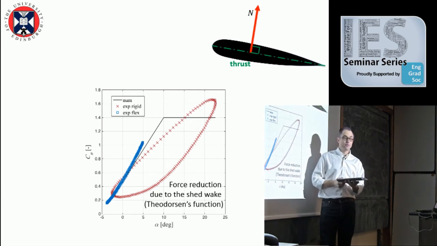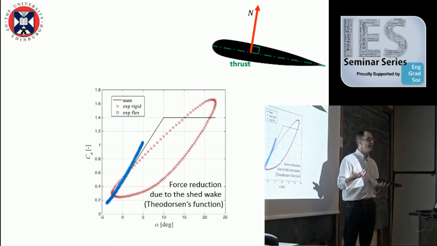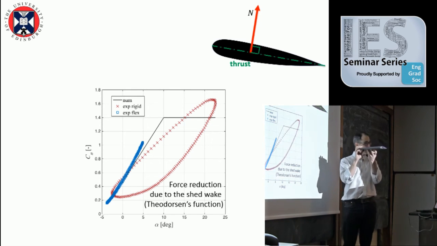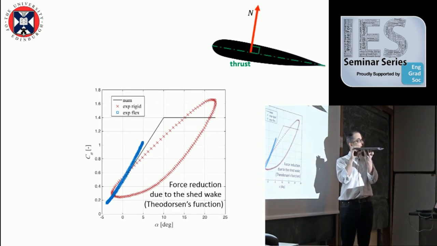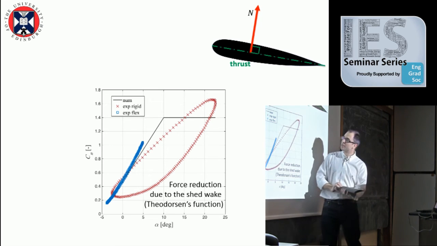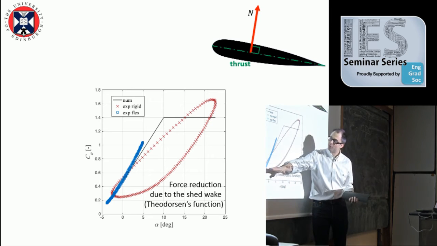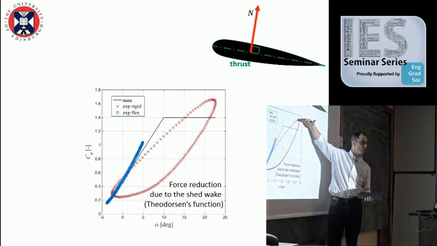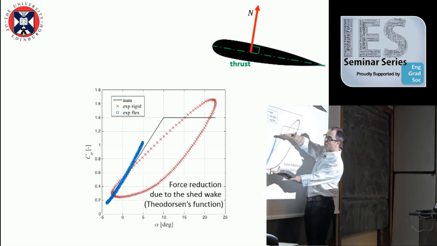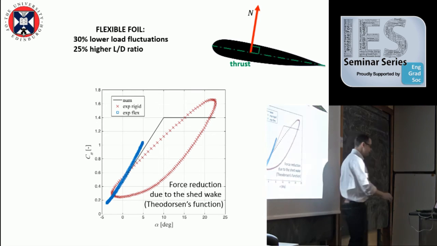Now, this is very important because the bottom line is that the same geometry, one flexible, one rigid, will actually give you very different load fluctuation. Here, you go from a very low load to a very high load, but if it is flexible, the load fluctuation is much smaller, all right?